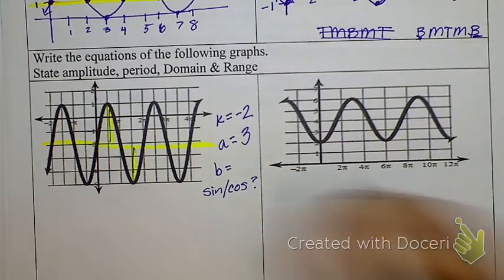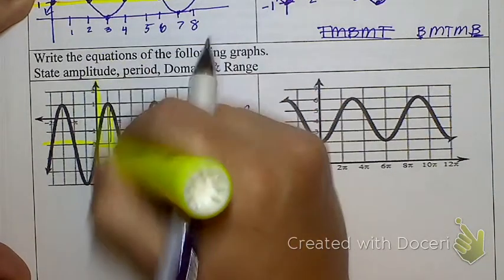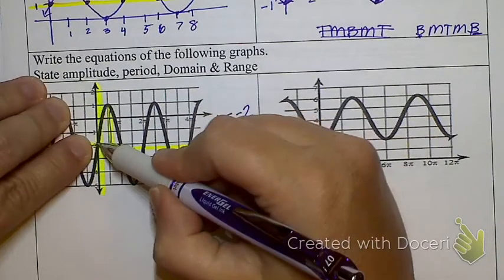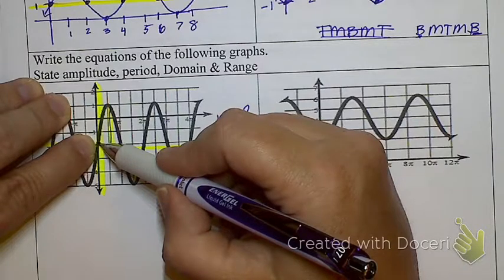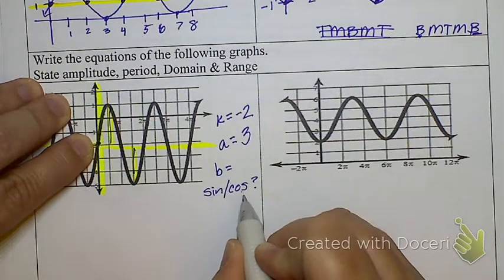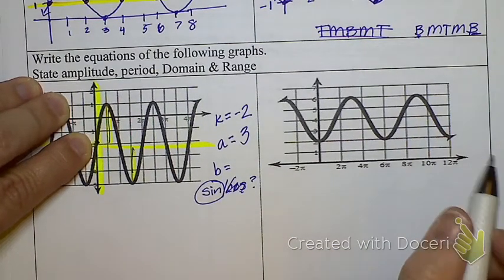Right? So let's look at this for a minute. At my y-axis, which should be the start of it, do I have a point in the middle or at the top of my range? Middle. What does that tell me about sine versus cosine? It's a sine graph because cosine starts at the top, right? Or technically the bottom.